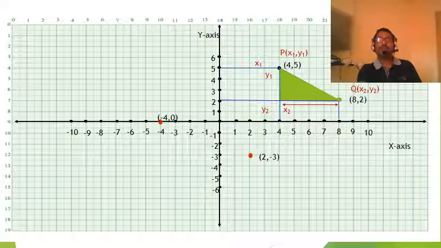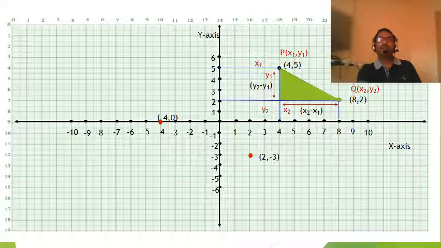So x2 and x1. x2 is this total distance and x1 is this remaining distance. So we get here x2 minus x1 as this side. Similarly, the other side of the right angle triangle is y2 minus y1.